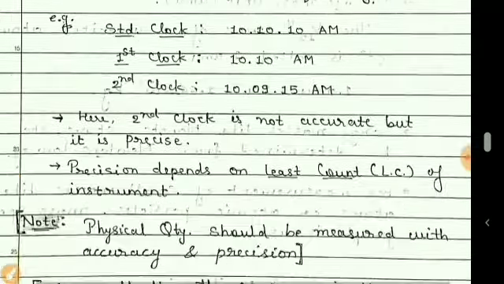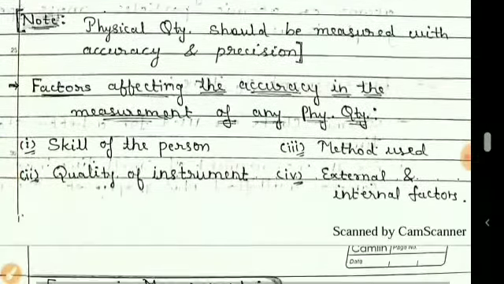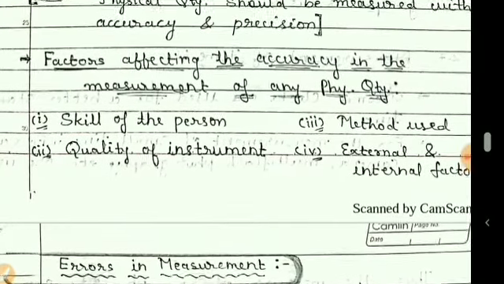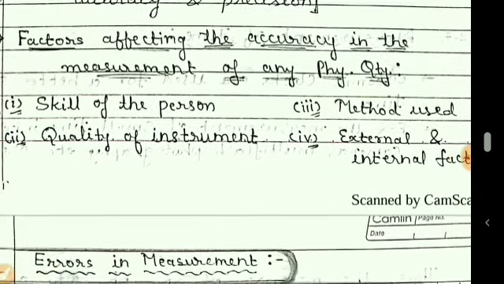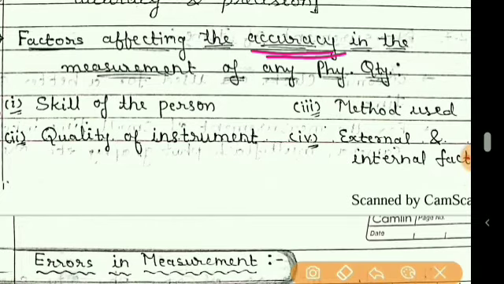Now the next thing is factors affecting the accuracy. While you measure any physical quantity, some factors affect your measured value, and so the accuracy is affected.